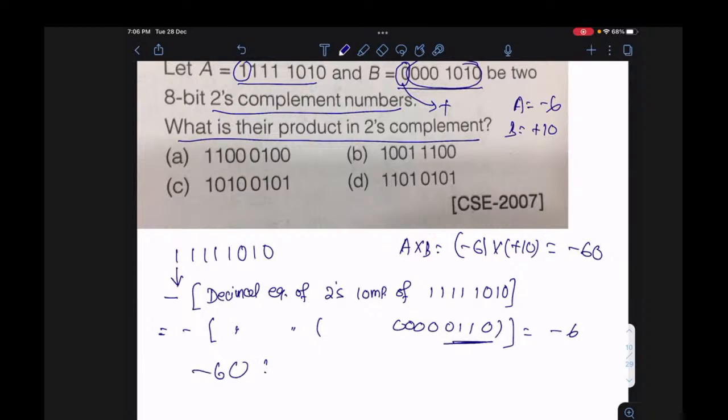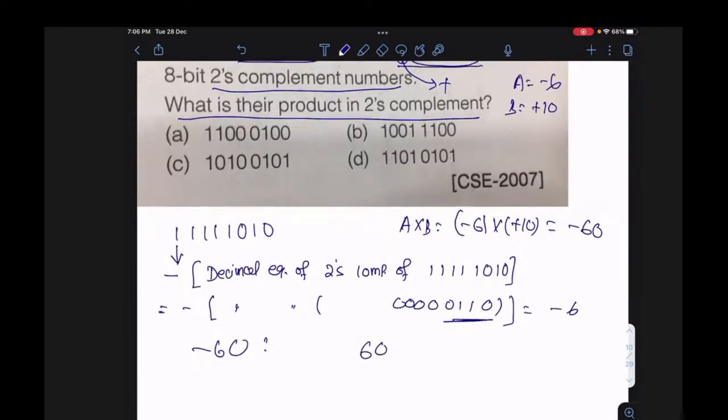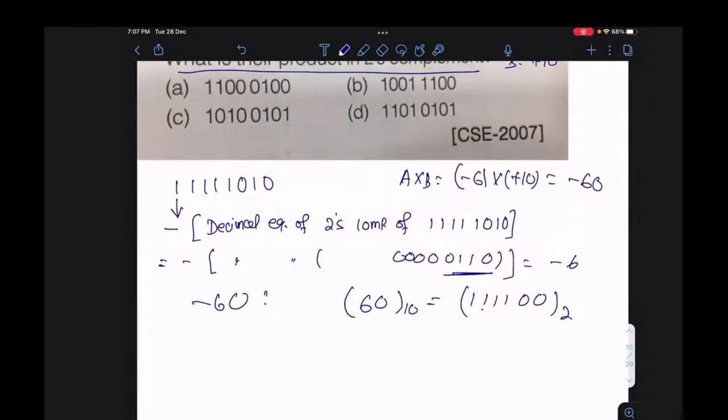So how do you get it? The binary equivalent of 60 is 1, 1, 1, 1, 0, 0. This is 60 in binary form: 32, 16, 48, and 8, 4, that's 60. If I say plus 60, the sign bit is 0.